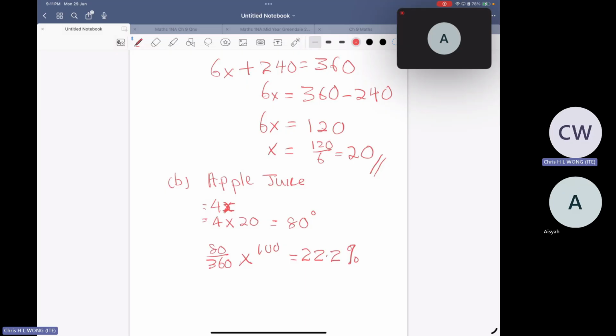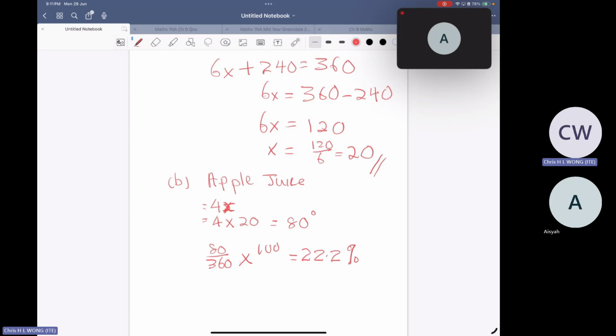The relation is 240 degree is to 720. You want to find everything, right? 360 degree. How much is 360 degree?